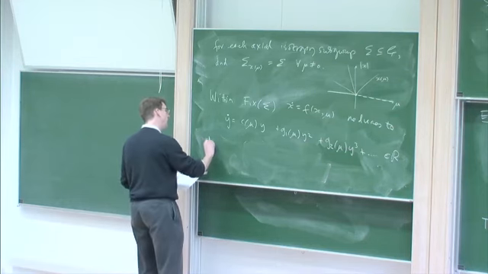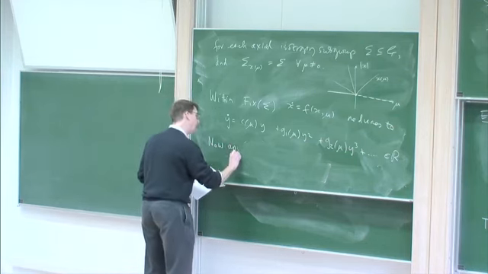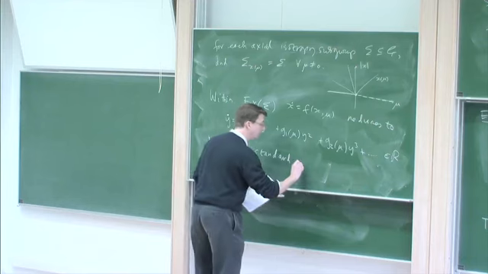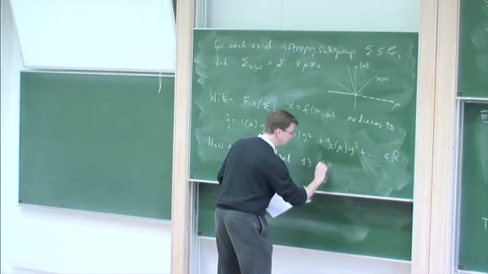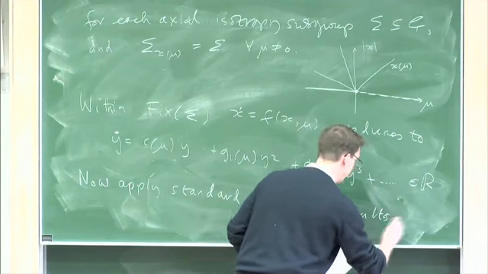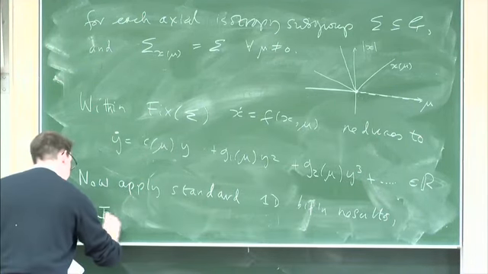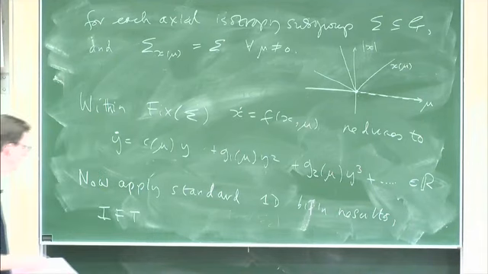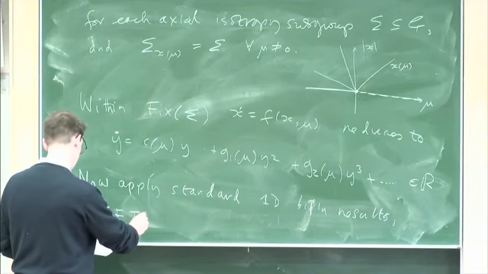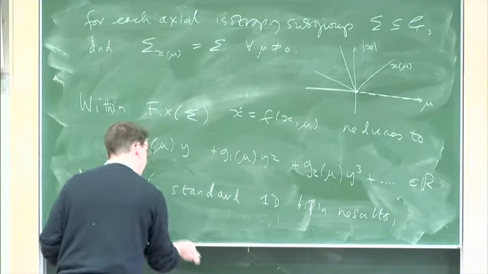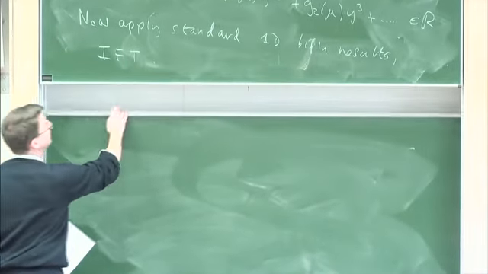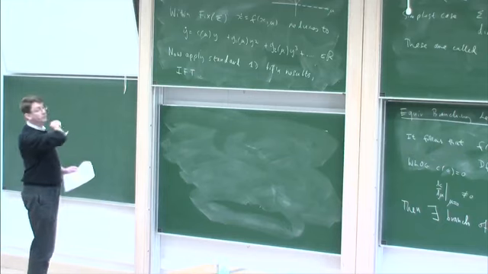So in this sense, now apply standard one-dimensional bifurcation results, and your favorite IFT, inverse function theorem or implicit function theorem, and then our one-dimensional conclusion. So we always have an equilibrium point y equals 0.